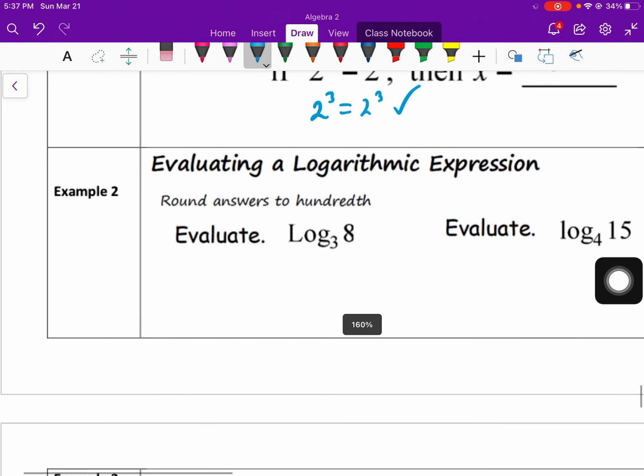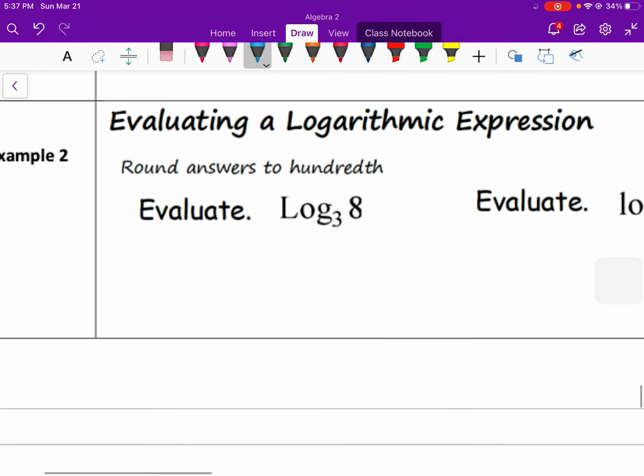Evaluate a logarithmic expression. Round answers to the nearest hundredth. So in this case, when we have log base 3 of 8 equals x, we know that we can go through like this, where it's 3 to the x equals 8.